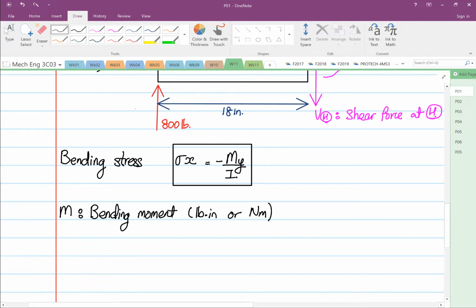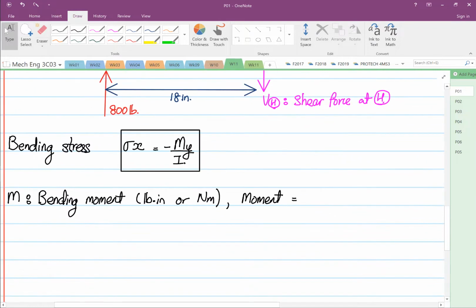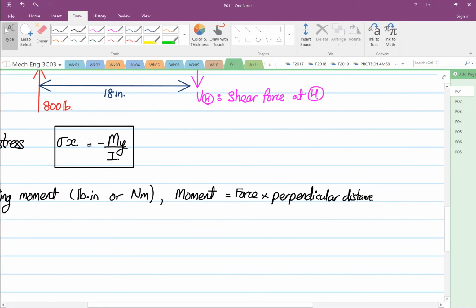The definition of moment is equal to force multiplied by perpendicular distance, so the unit over here is Newton meter.